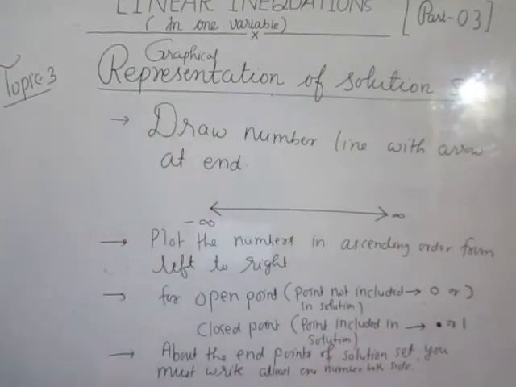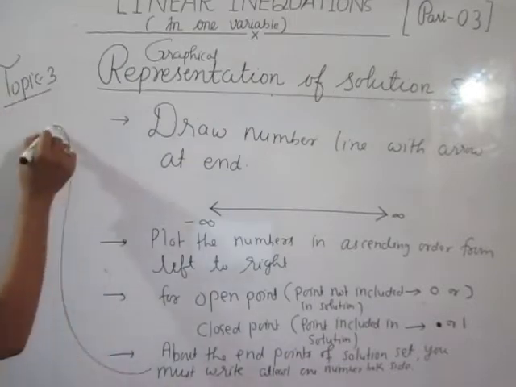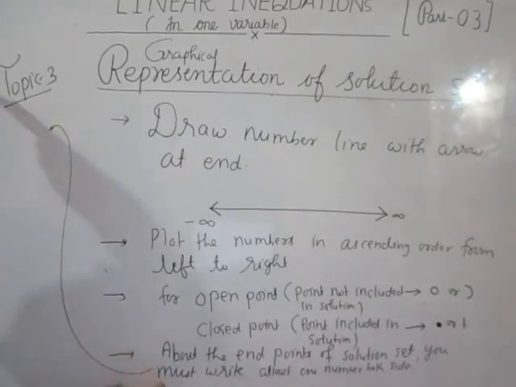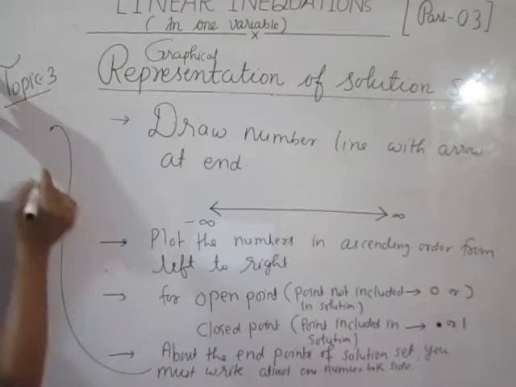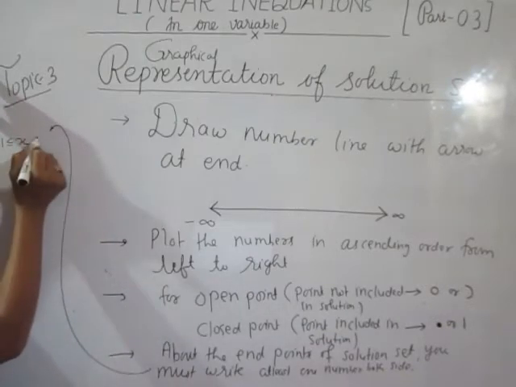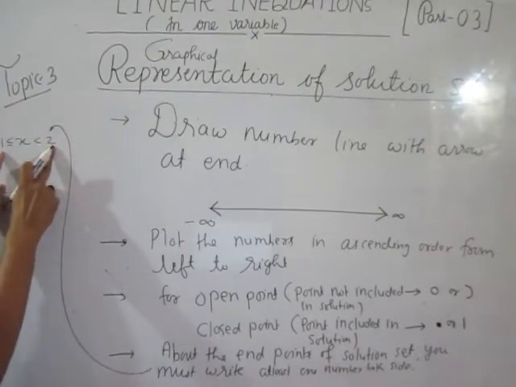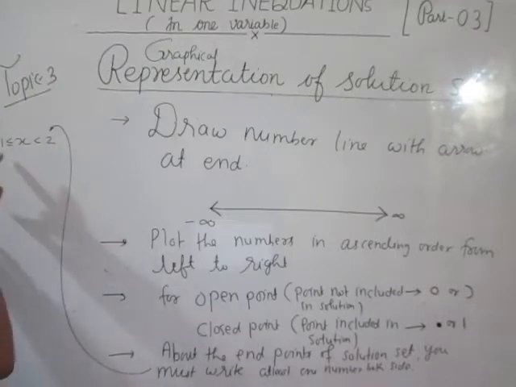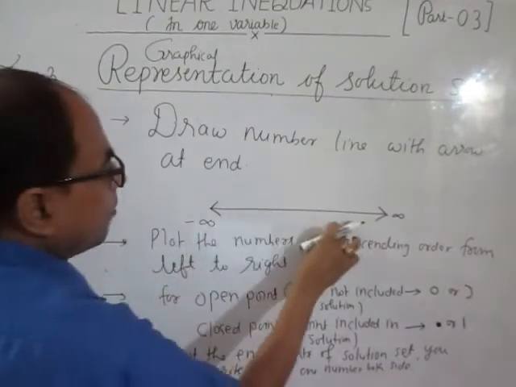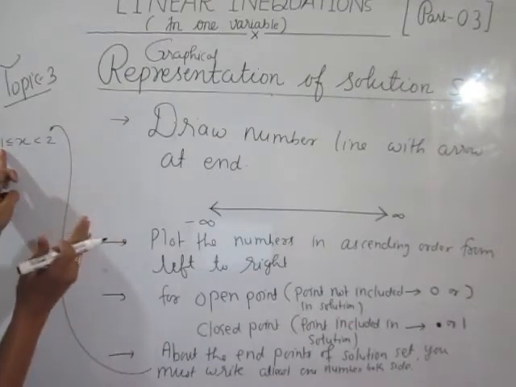So what I want to say, suppose the solution is x greater than or equal to 1 and less than 2. So these two are called end points of the interval. While plotting 1 and 2 on the number line, you have to write at least one number on the right of 1 and one number on the left of 1.